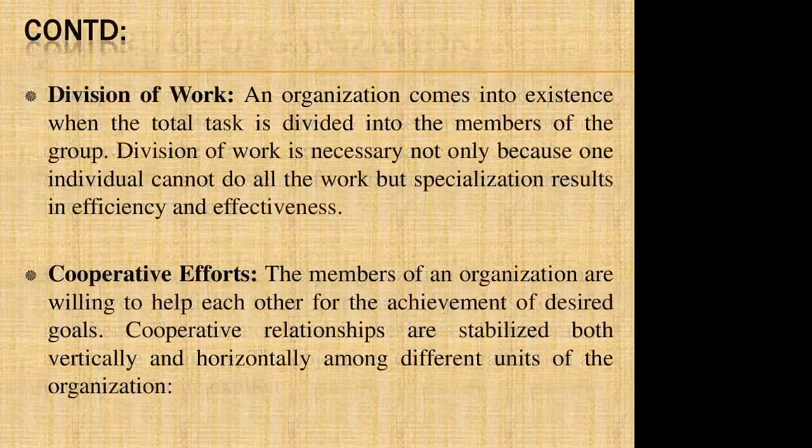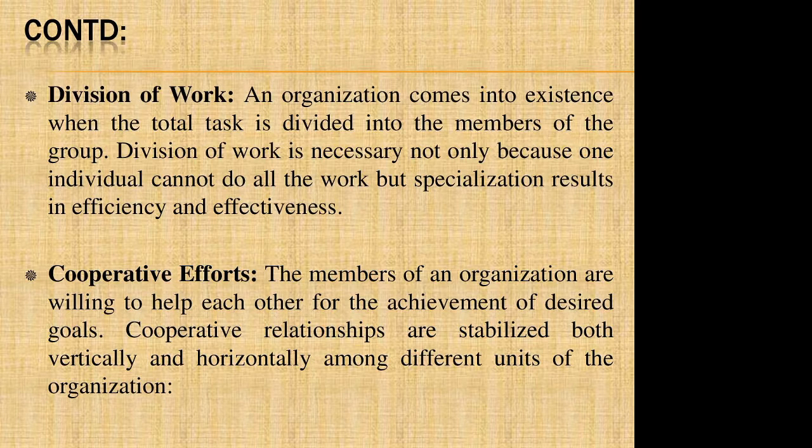And the third point, we'll be talking about the division of work. An organization comes into existence when the total task is divided among the members of the group. Why are we talking about division of work?